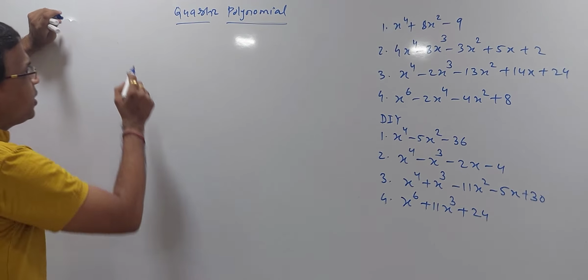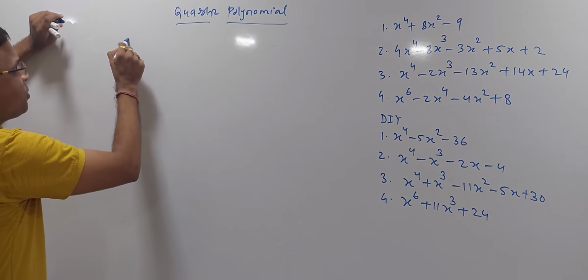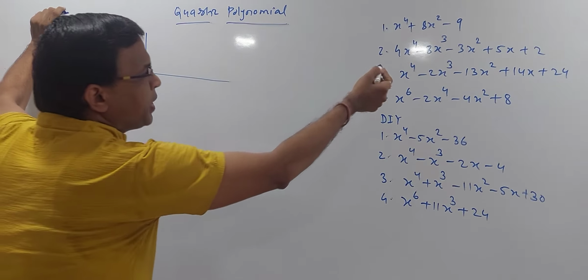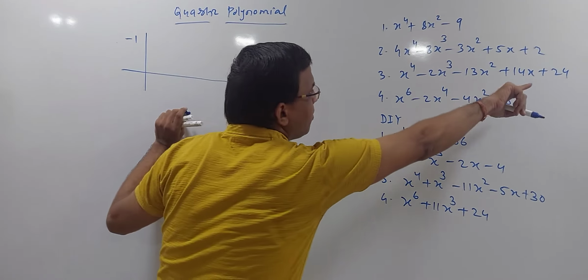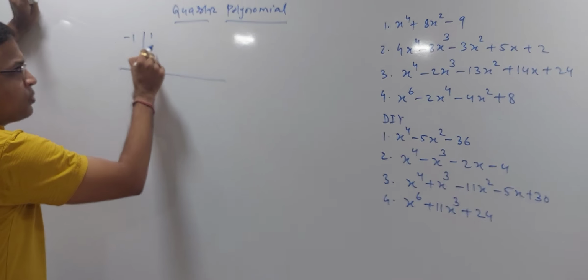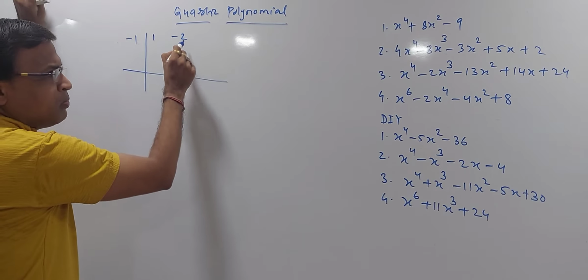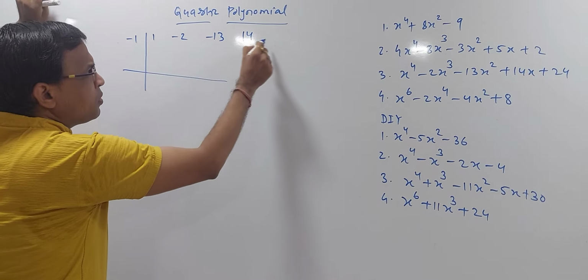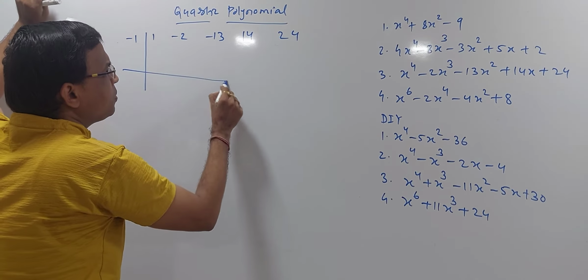So I am just taking the synthetic division method. So minus 1 is my root. Now the coefficients, it should be complete: 1, minus 2, minus 13, 14 and 24.